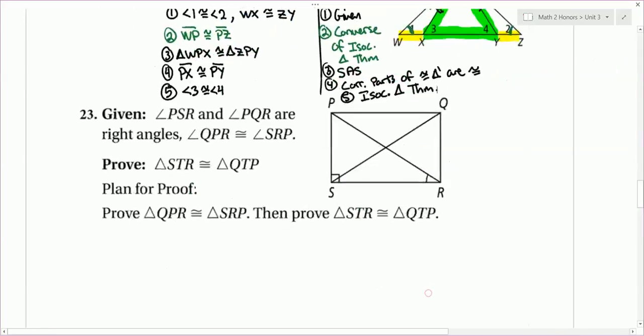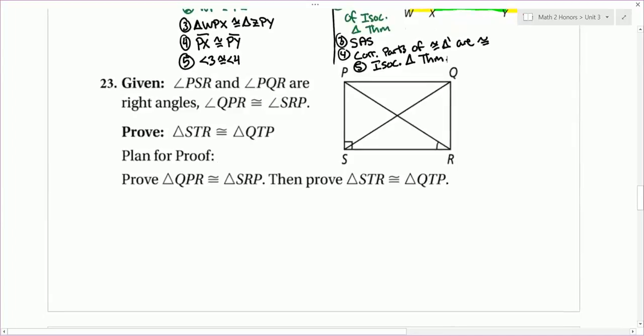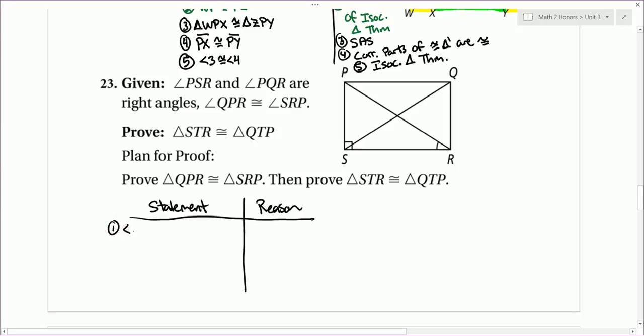Number 23, we're going to write another proof. So statement reason. Start with the givens. So first statement, we have the angle PSR and angle PQR are right angles.